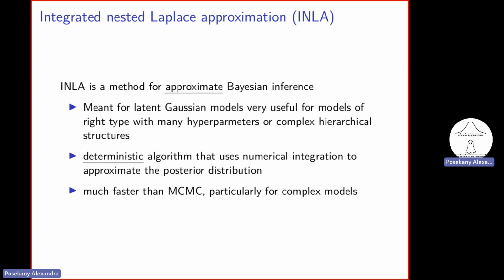Whereas INLA is only approximate Bayesian, and therefore, if the Bayesian estimator is already biased with respect to the maximum likelihood estimator, this approximate Bayesian is biased with respect to the actual Bayesian model, because it does some simplifications. These simplifications assume certain additional independencies in order to be able to perform numerical integration.